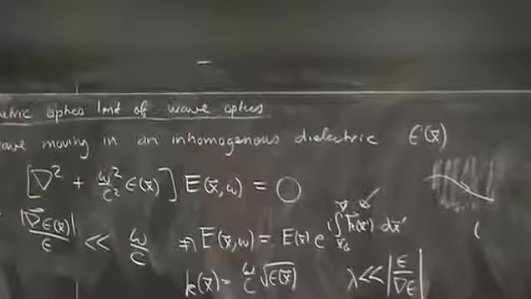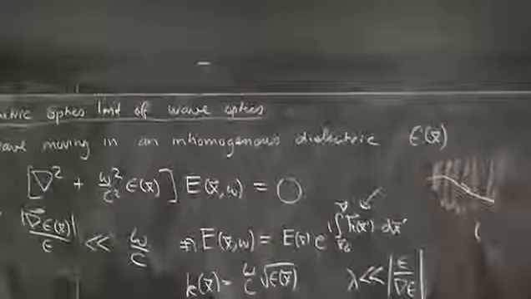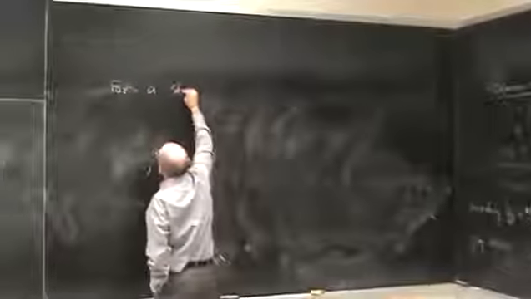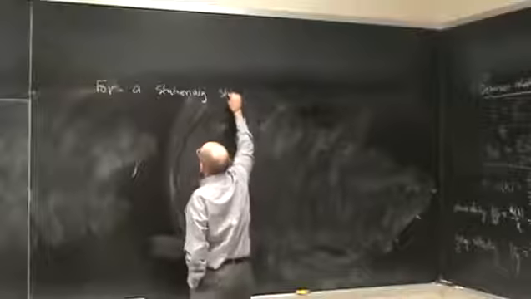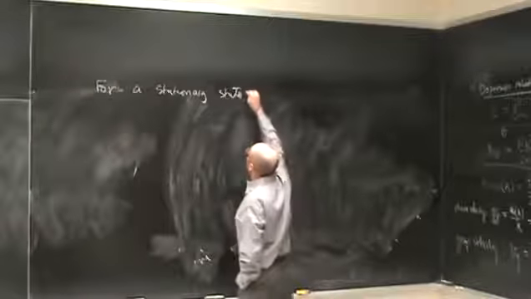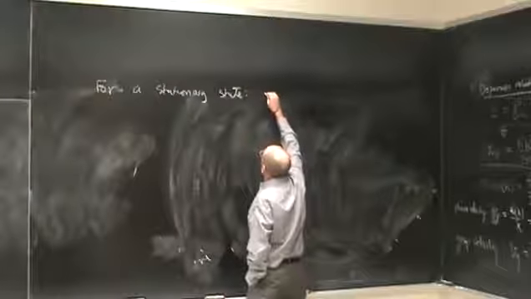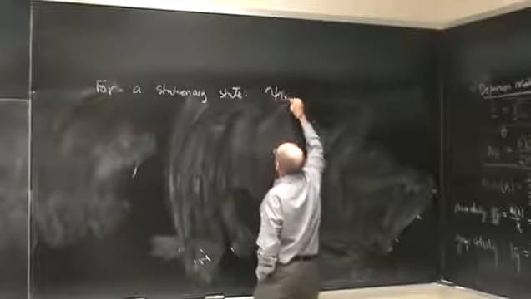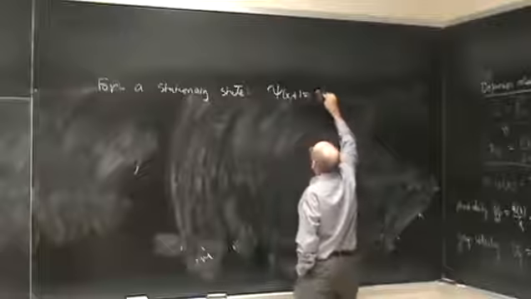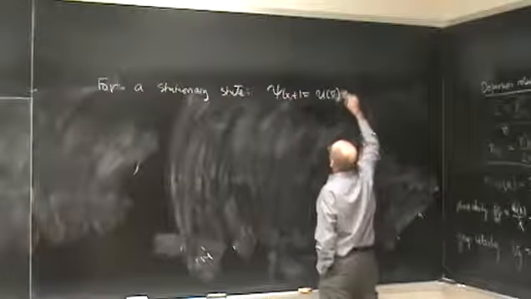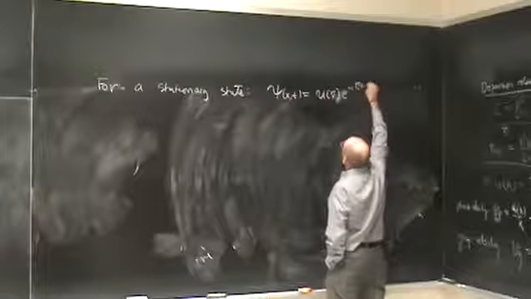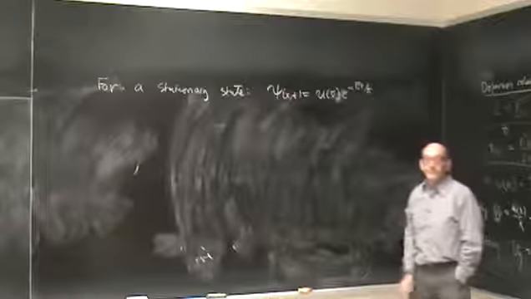So let's look at the Hamilton-Jacobi equation in the case that I have a stationary state. So now my wave function, the time dependence I can factor out. Okay?